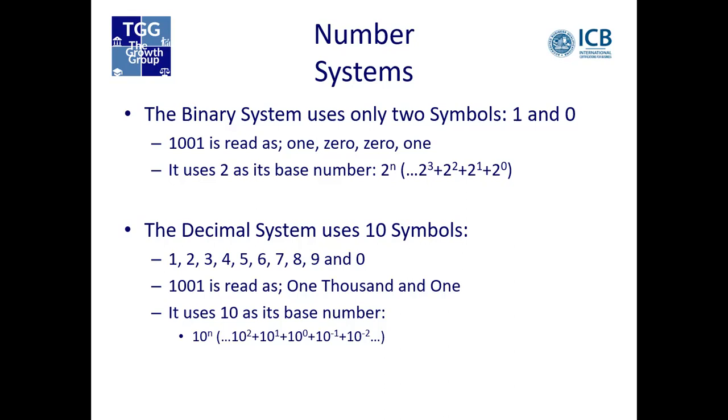Well, they will put a little 2 at the bottom of this one to show it's binary, and if it's decimal, they will put a little 10 at the bottom. Why? Because decimal uses 10 as its base number, and binary uses 2 as its base number. Don't worry about the binary too much. I'm going to show you that much later.